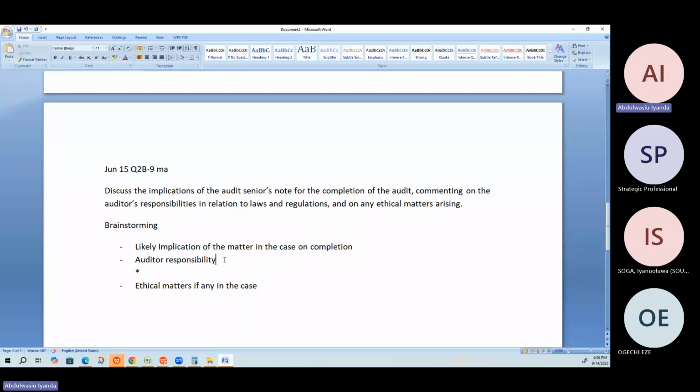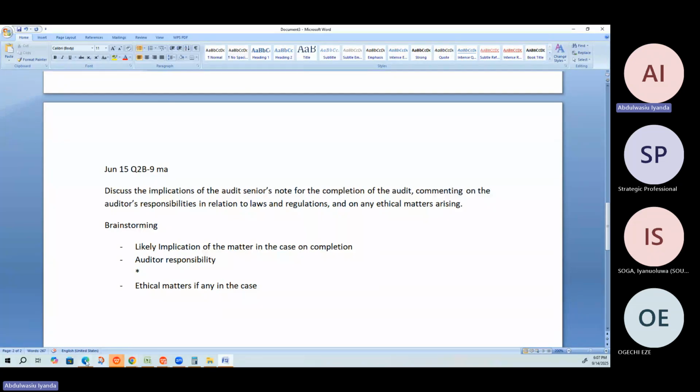The auditor is in relation to law. So what you should think of is that the subject matter is that chemical stuff. What do you think we can do? Investigate.